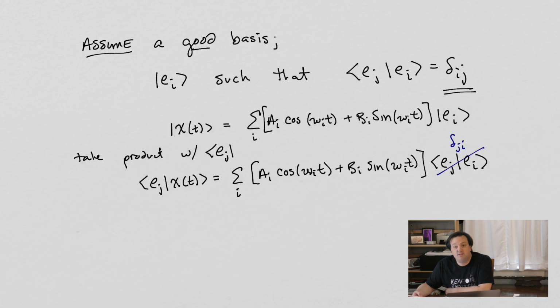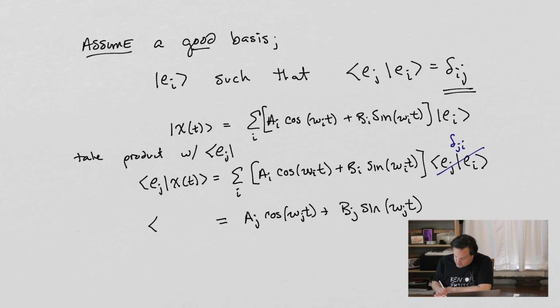Of all of the different possible values of i, there's only one time when i equals j, and therefore my entire sum collapses to just that one term. And therefore I can rewrite the right-hand side of this as a sub j, after all, because i has to equal j, cosine omega j t plus b sub j sine omega j t.